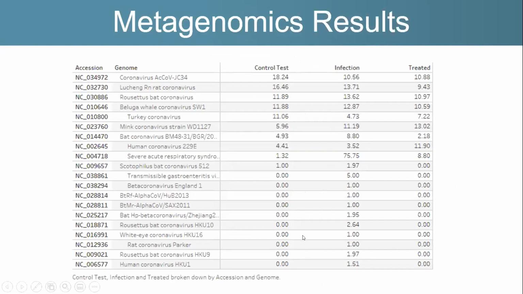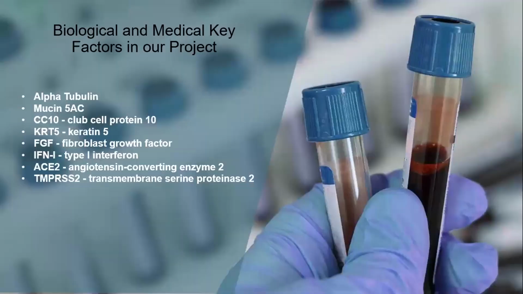So I see that some kind of expression wasn't there, but I'm not sure about that because I was kind of learning and doing. So I have to do it again properly and see whether I get a good result or whether it is repeating. Those are the most important biological and medical key factors in my project that I should see.